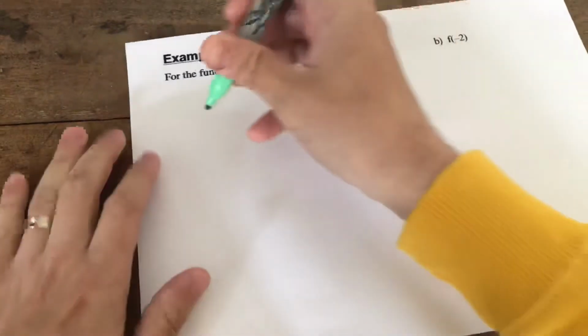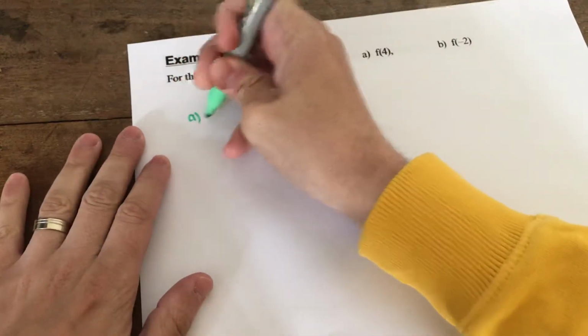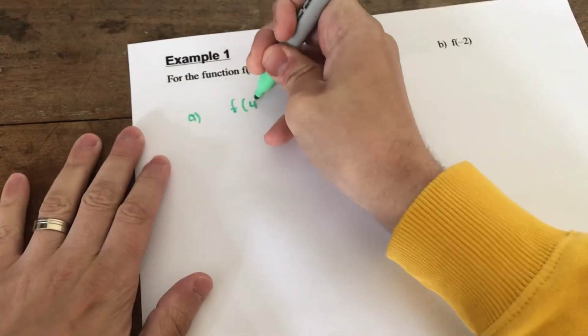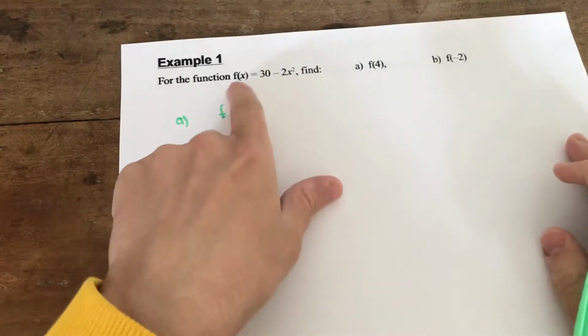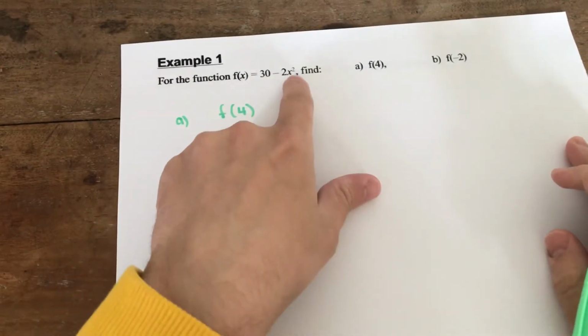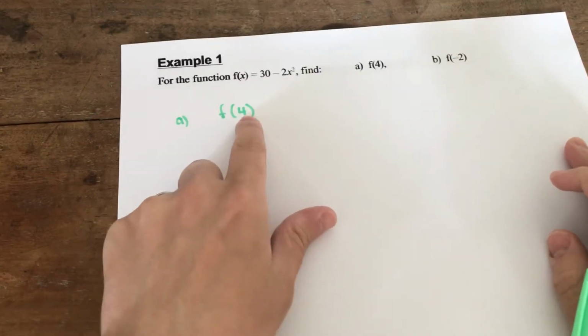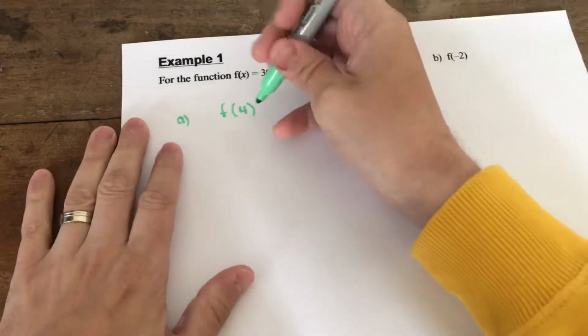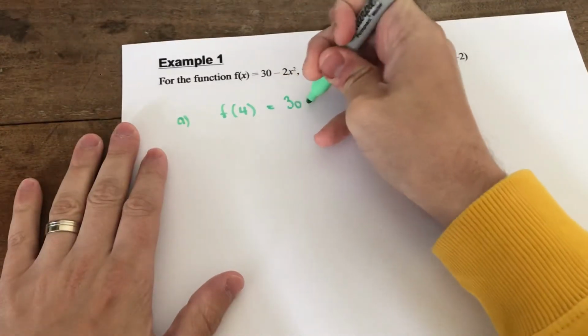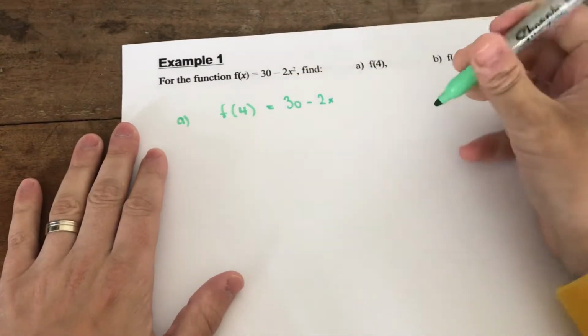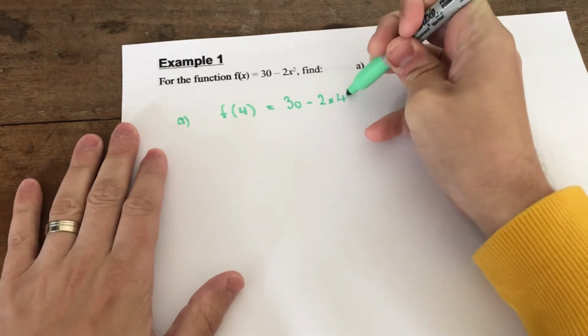So what I mean here is, if we have a look at A, if we've got f(4), that means we take this function up here, and where there is an x, we substitute in 4. So this topic is just substitution. So we do 30 minus 2 times 4 squared.